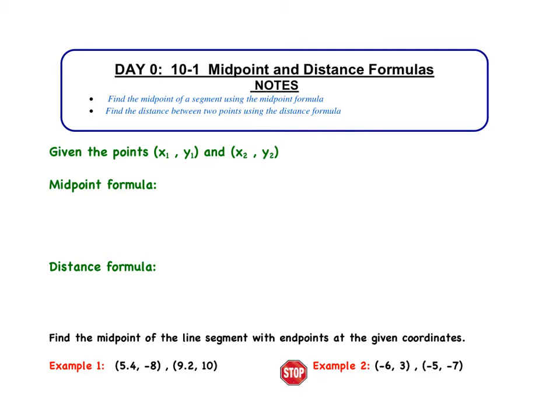Our objectives are to find the midpoint of a segment using the midpoint formula, and to find the distance between 2 points using the distance formula. We are looking at 2 points on a coordinate plane, so I would like to show you a diagram of that.